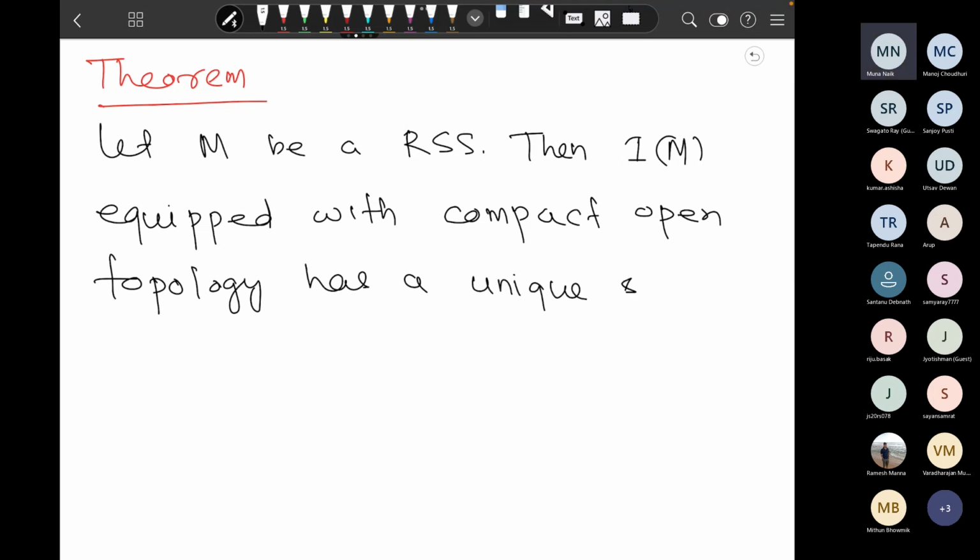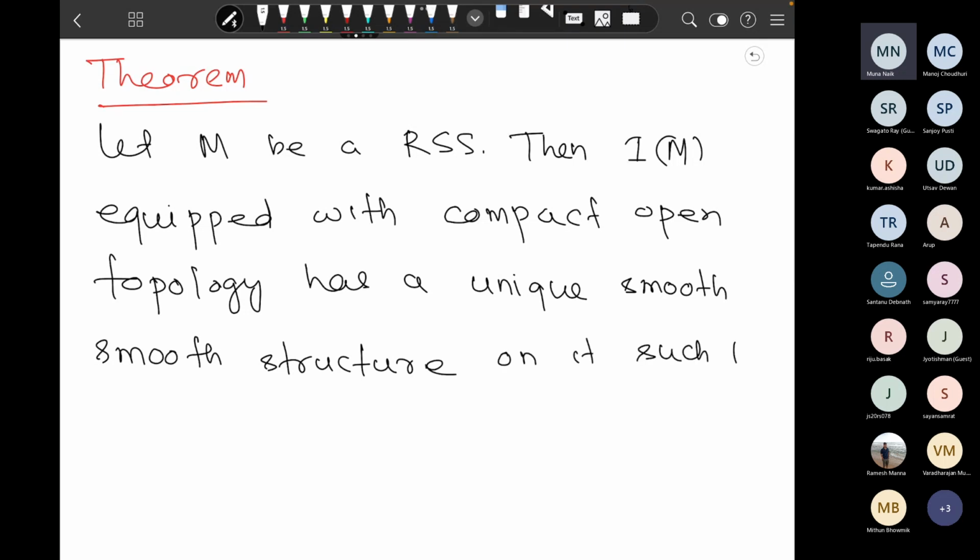I have explained in the beginning that it has a unique smooth structure, so that IM acts smoothly on M.